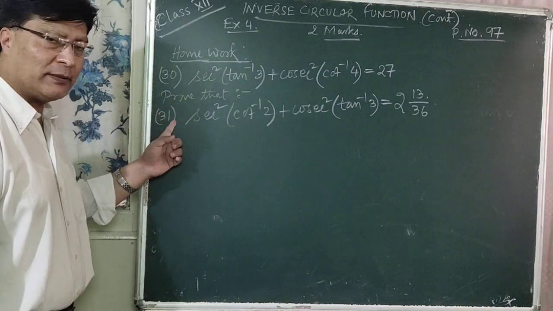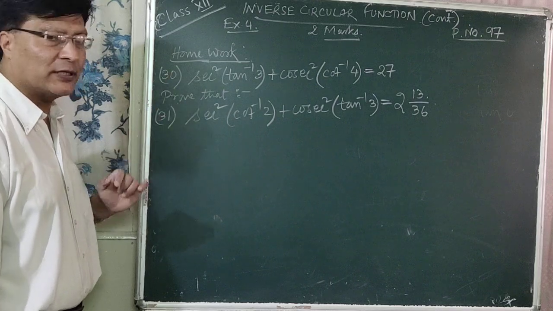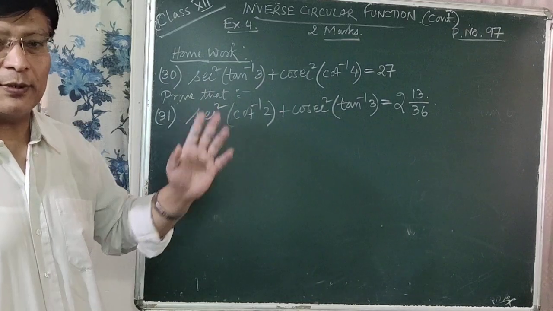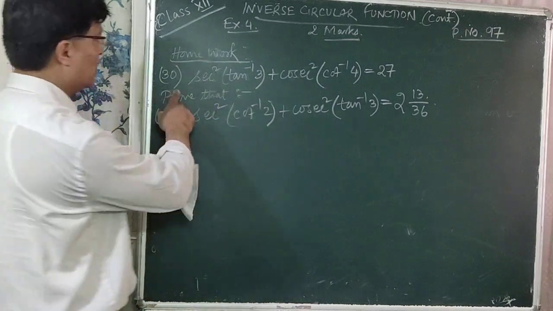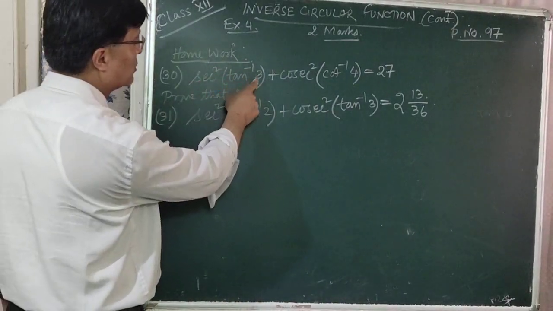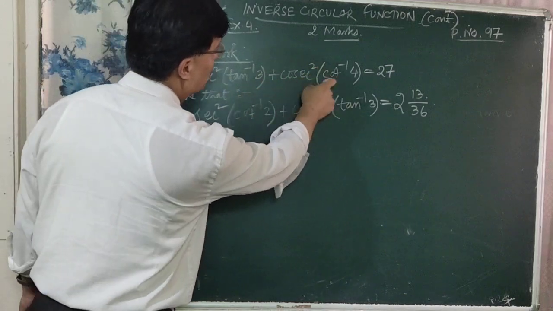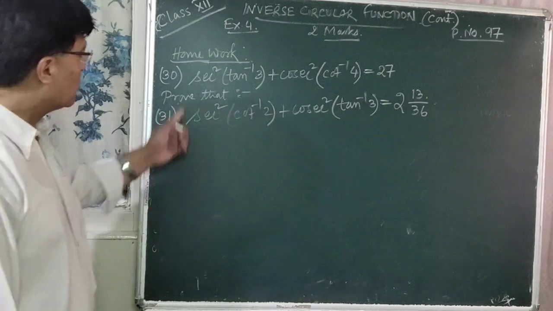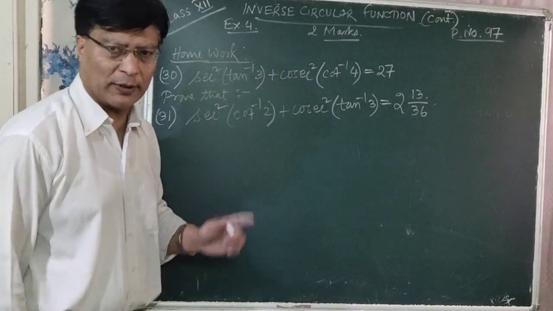I'll do number 31. If you understand 31, you can easily do question number 30. So 30 is your homework. Number 30 is sec square within bracket tan inverse 3 plus cosec square within bracket cot inverse 4 is equal to 27. You can prove it at home. So similar question is there, 31, we'll do it here, okay?